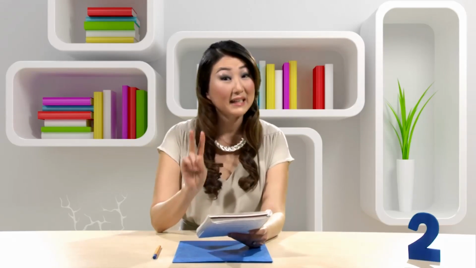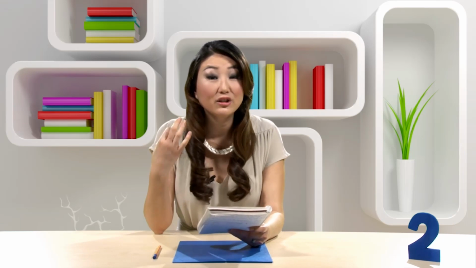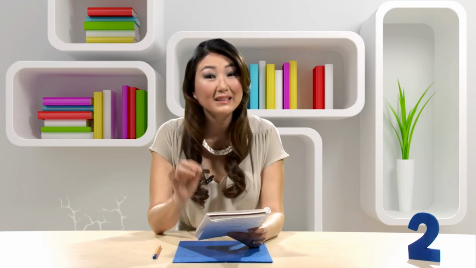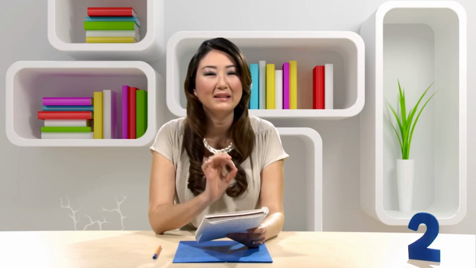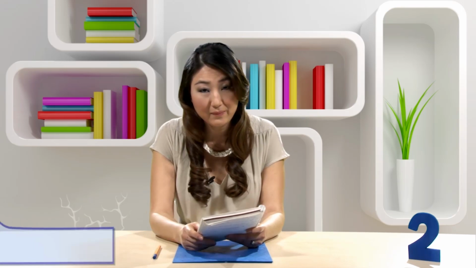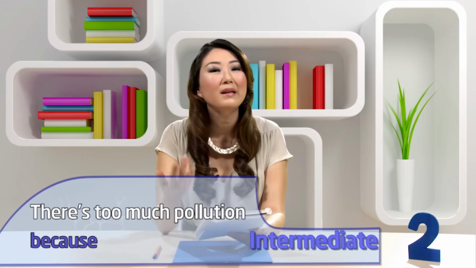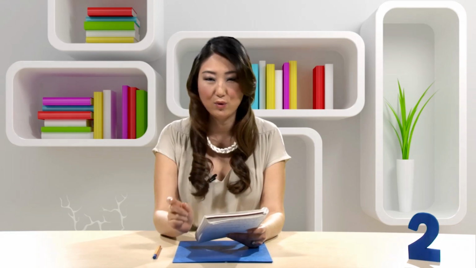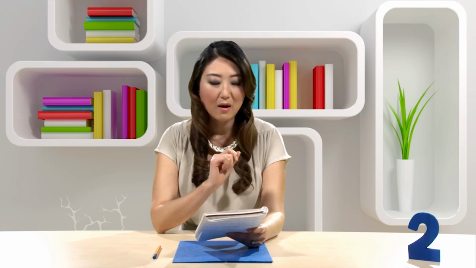Okay, are you ready for the second part? Let's take a look. Okay, there's too much pollution because there are too many cars in this city. Hay demasiada contaminación porque hay demasiados coches en esta ciudad. Ahora miramos ¿por qué? Because. Repeat, because. Good.